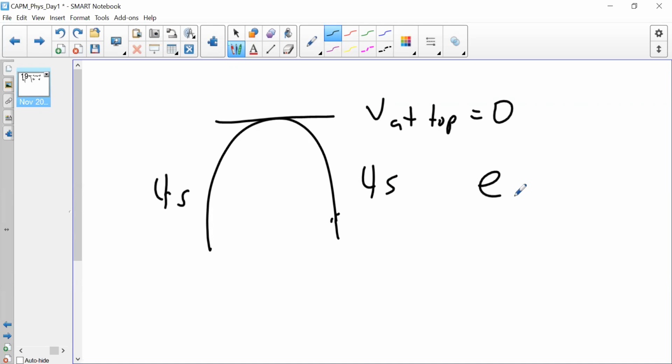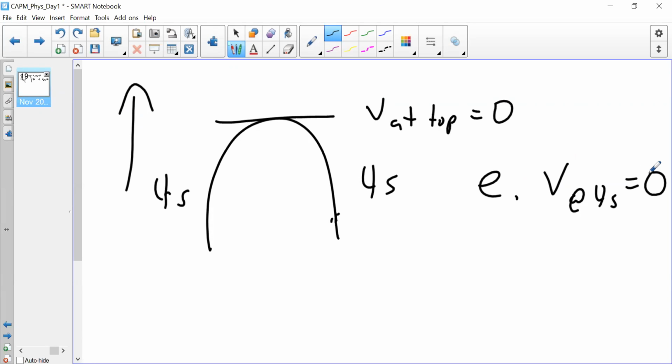So the velocity after 4 seconds, as we switch our directions, looking at things going upward, is equal to 0.